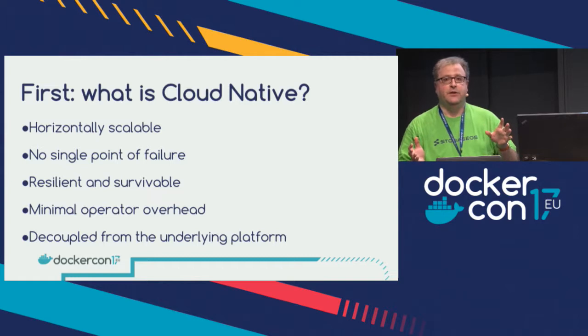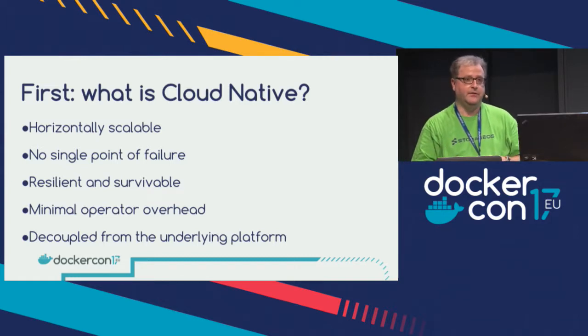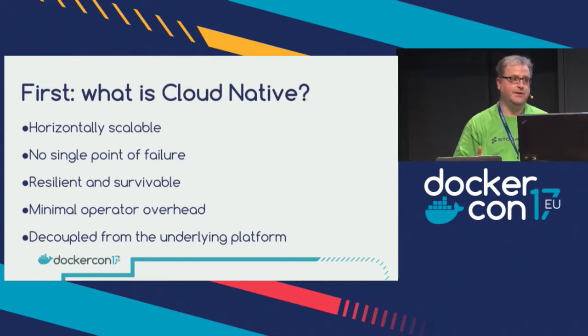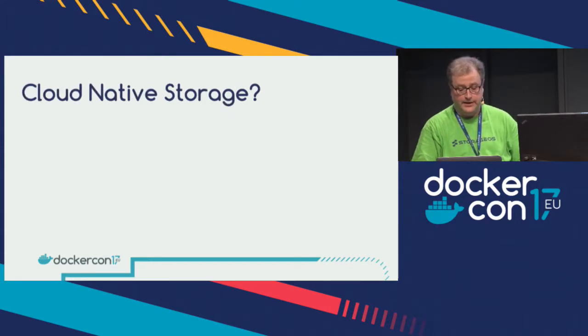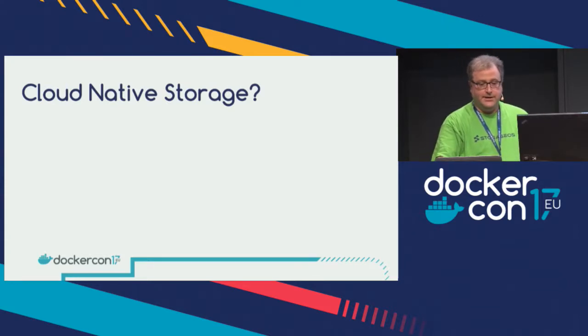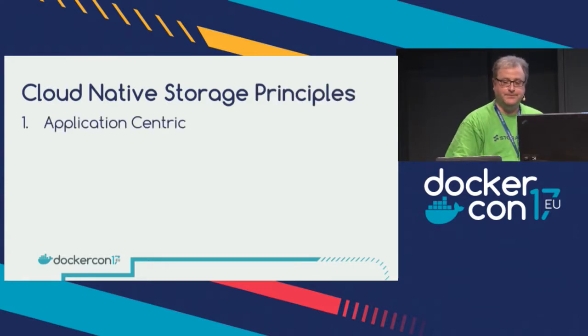And fundamentally, you don't want to be tied into any particular platform. The whole beauty of something like Docker, and Kubernetes now, is that you have an abstraction layer from the underlying infrastructure.